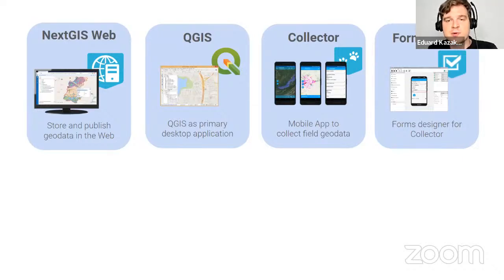And our platform consists of several components. Main of them, which will be covered in today's demo, are the following. So we have server-side WebGIS named NextGIS Web. It is dedicated to store and publish geospatial data in the web. We use QGIS as a primary desktop application for our platform. And also we have a lot of additional applications and services, in particular NextGIS Collector.